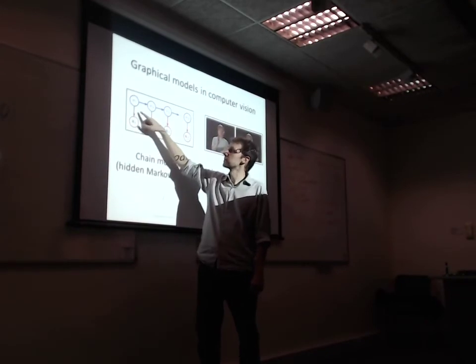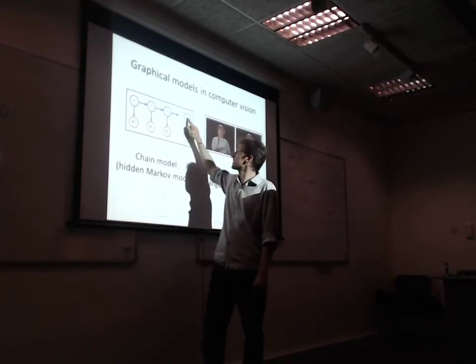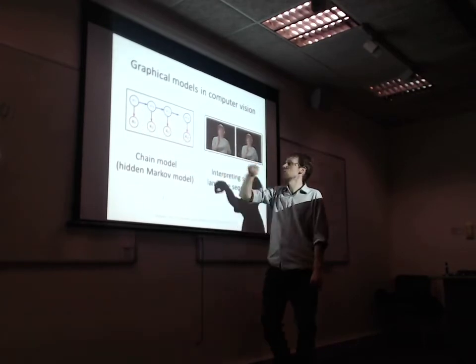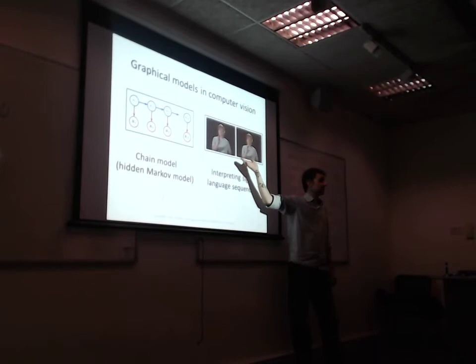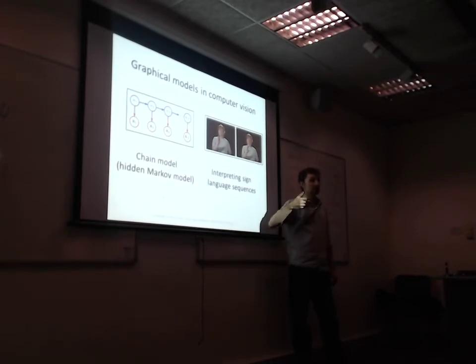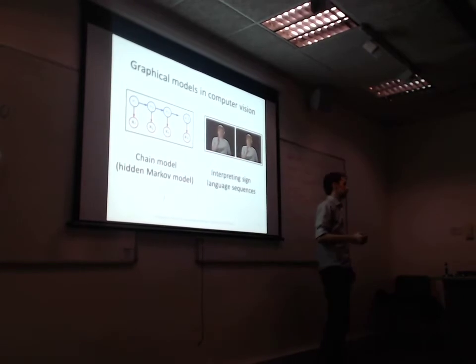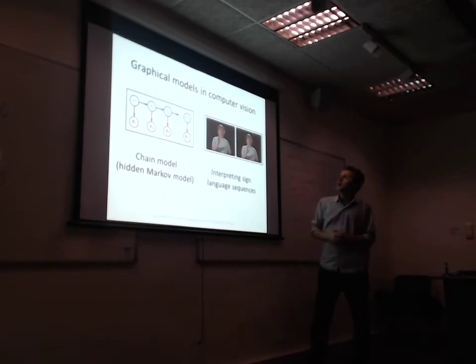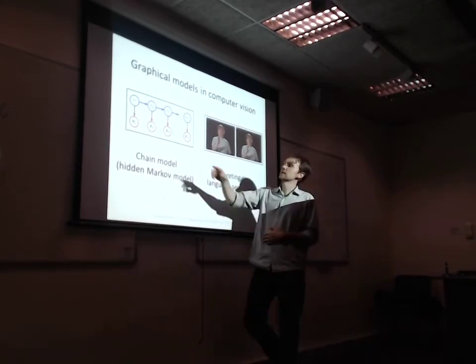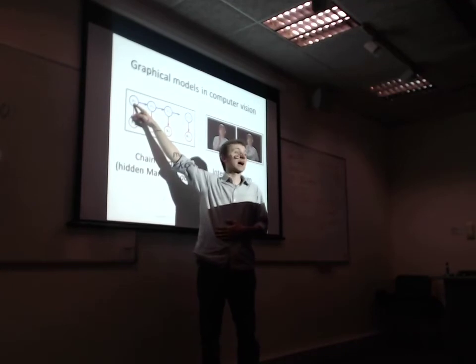Here we're saying we're going to have a whole bunch of world states, which correspond to some phrase or sentence that we're expressing using sign language. So maybe I'm saying that I want banana. I don't know what the symbol is for banana. And the world states are all the different things that I could express using sign language, all the different symbols.